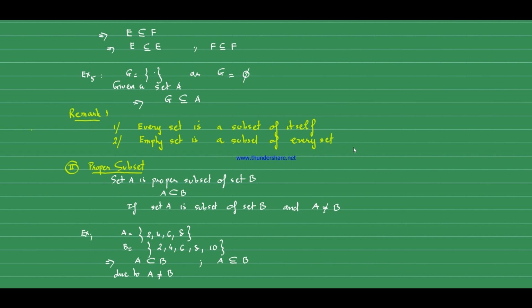Then the question is, how many subsets can we have out of a given set? How many subsets can we create out of that set? The answer for that question will be on the third part of our lecture today.